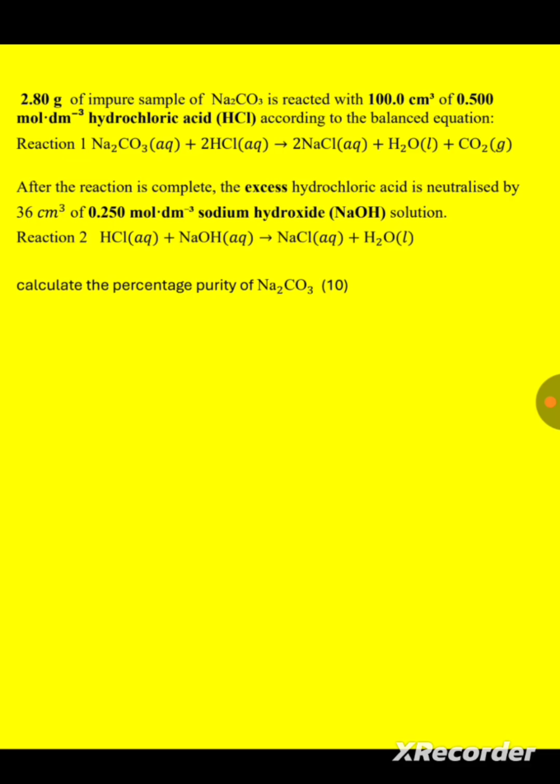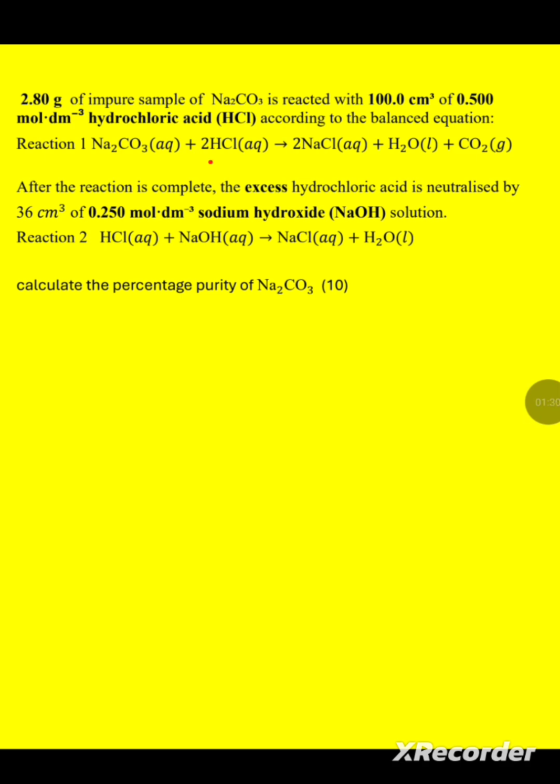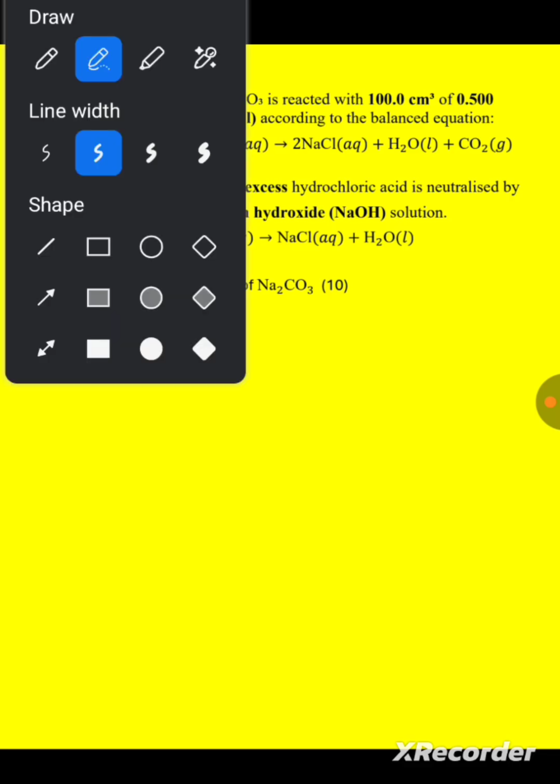Right. So let's get into it and see what is happening. The aim is to find the number of moles of hydrochloric acid here, and hydrochloric acid there. In that case, I would have solved 80% of the problem.